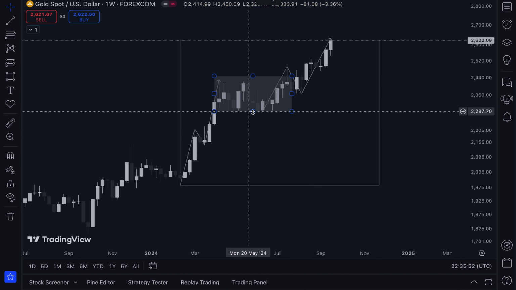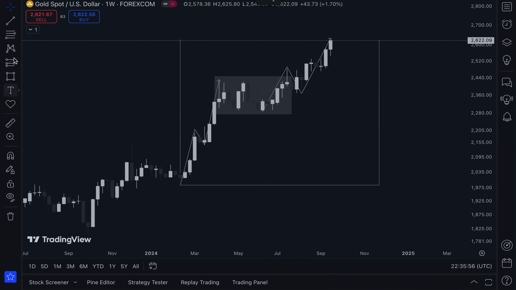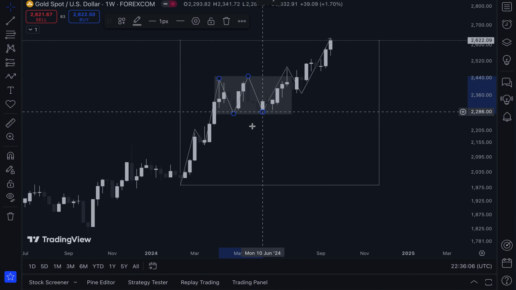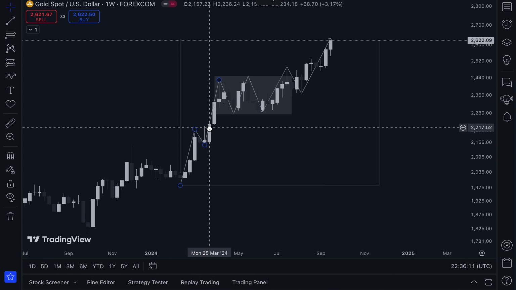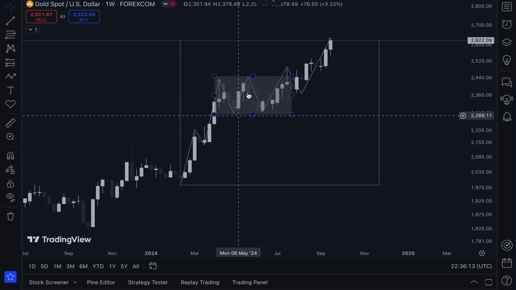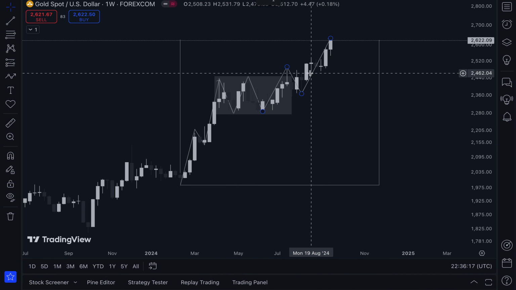This, as weird as it may seem, is an area of consolidation. Price was consolidating in here, guys. So we had bullish movement, consolidation, continuation.